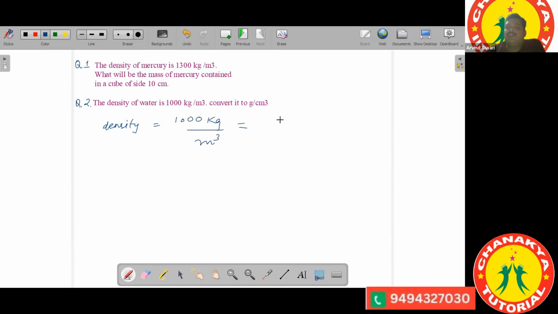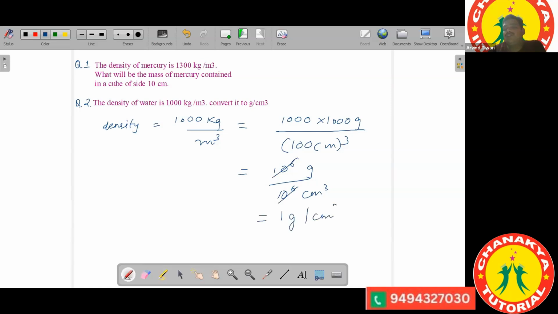So 1000 kilogram would be 1000 multiplied by 1000 gram, and similarly 1 meter would be equal to 100 centimeter, and a cube of it. So this would be equal to 10 to the power 6 gram divided by 10 to the power 6 centimeter cube, and hence you will get 1 gram per centimeter cube. This is the density of water.